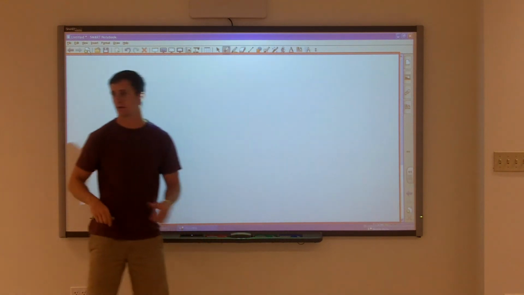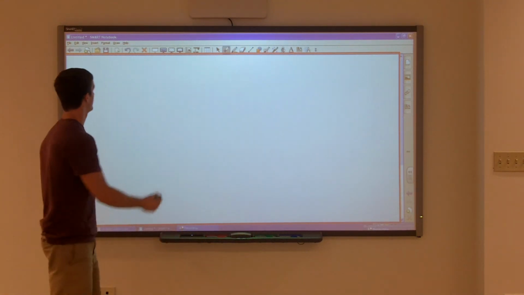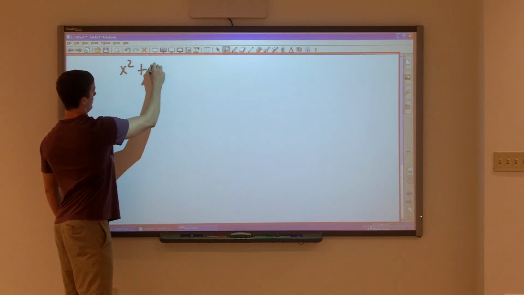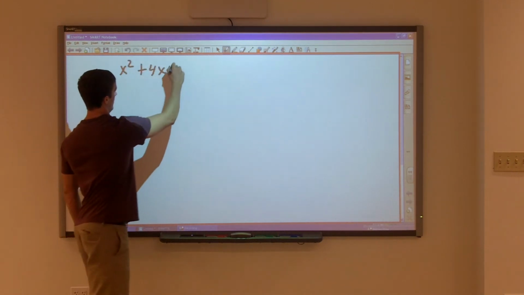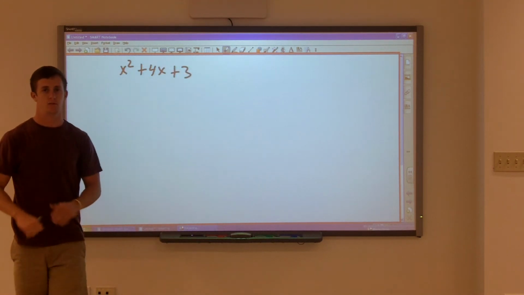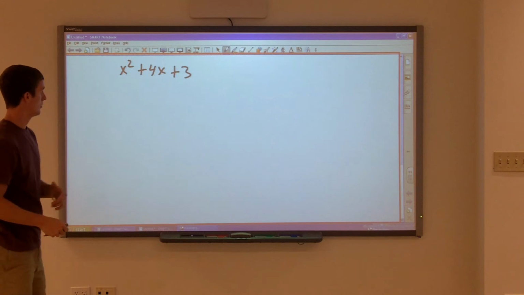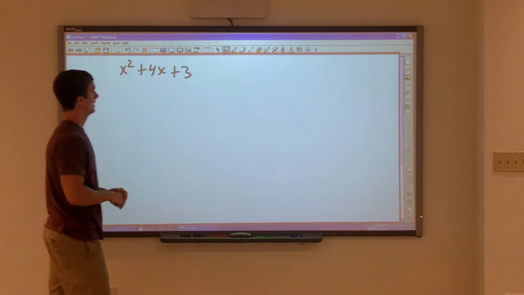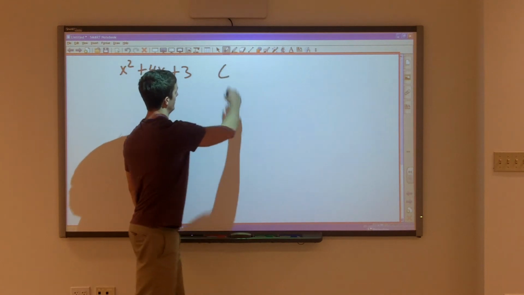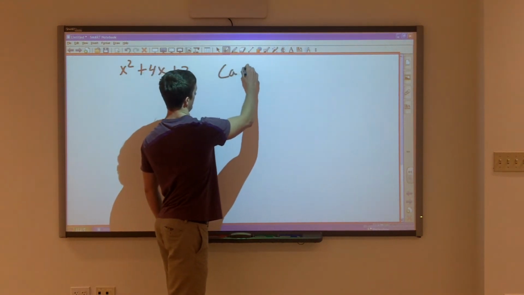Our first example we're going to look at is trying to break down x squared plus 4x plus 3. So this looks like an answer to the problems that we were doing earlier, right? But we want to work backwards. We want to turn this polynomial into a problem that looks like what we saw earlier.